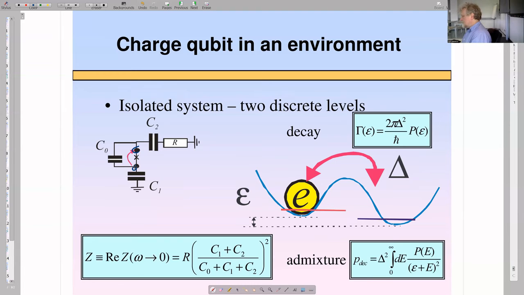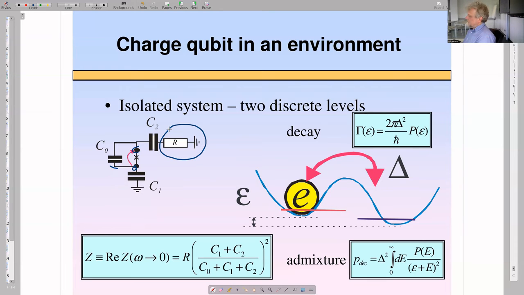There are capacitances which describe interaction between these two dots. But these two dots are there in the environment, which is characterized by some frequency-dependent impedance.